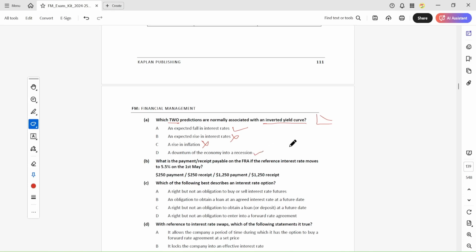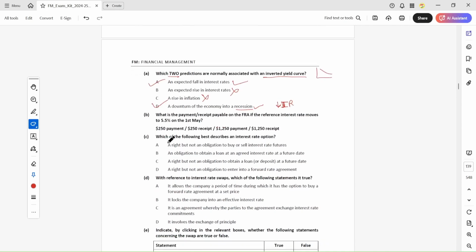Because if there is an upcoming recession in the economy, then the government will reduce the interest rate. During a recession, the government will reduce the interest rate to stimulate the economy. So this and this one are correct.